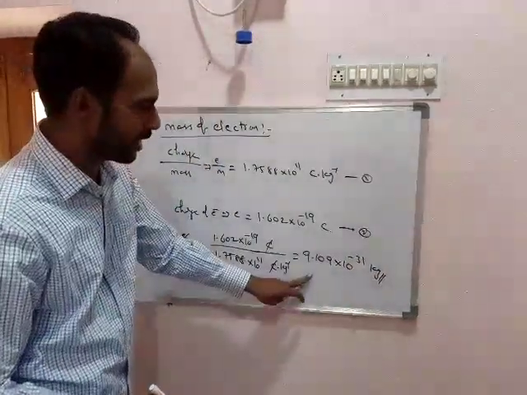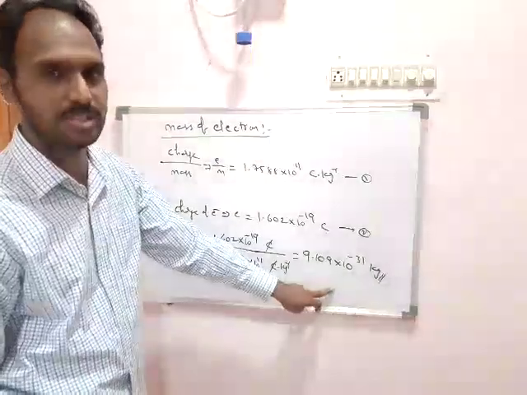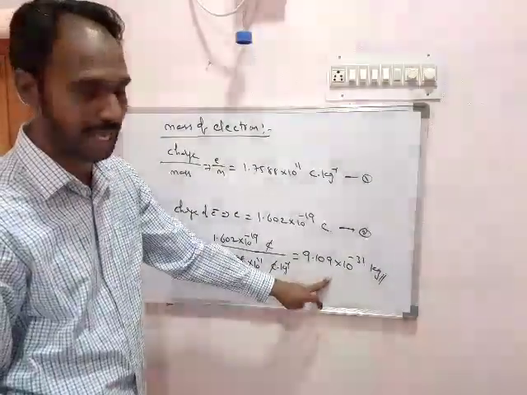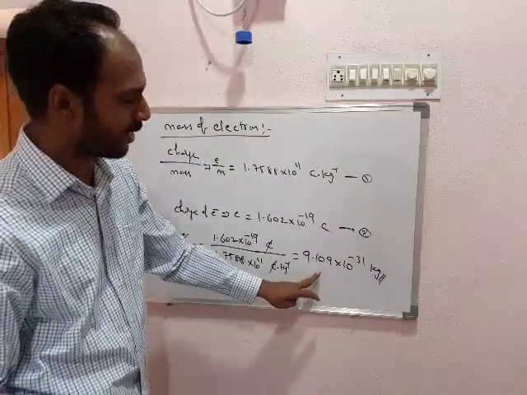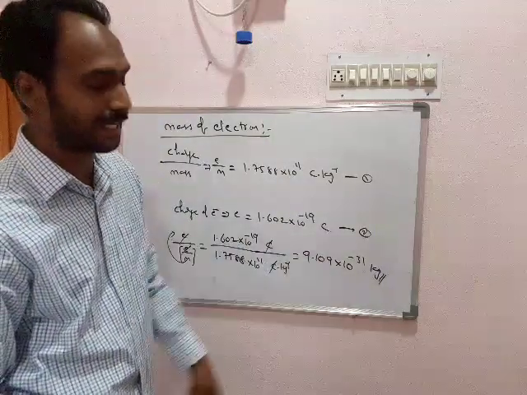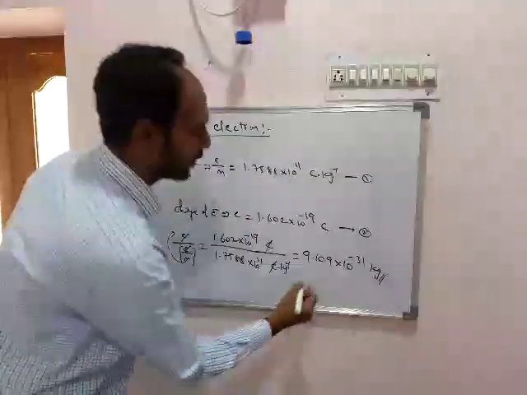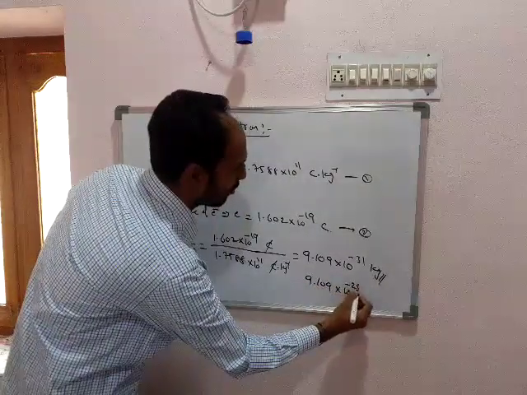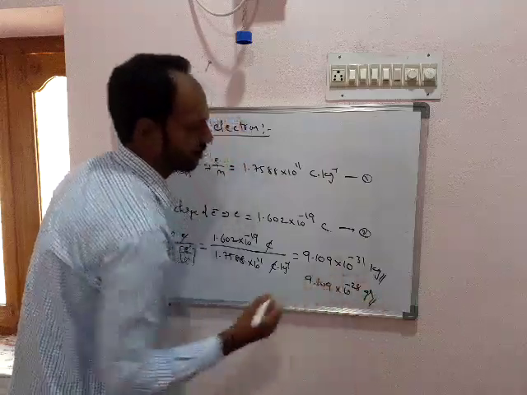So this is treated as the mass of the electron, which is a negligible mass. Generally the mass of the electron is negligible, being 9.109 × 10^-31 kg, or we can say 9.109 × 10^-28 grams.